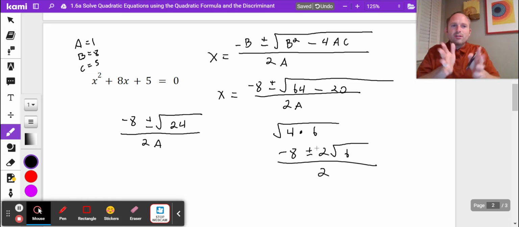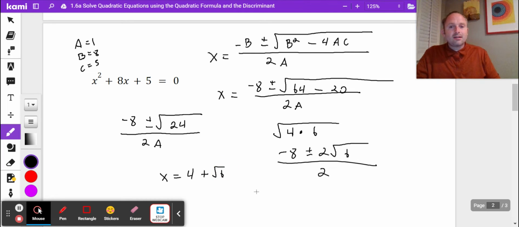Now I can make this two different fractions. So I have x is equal to negative 8 divided by 2 is negative 4. And then 2 of these divided by 2 is 1. So I'm going to have negative 4 plus radical 11, or x is equal to negative 4 minus radical 11.